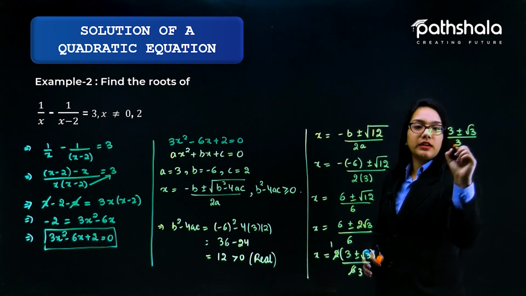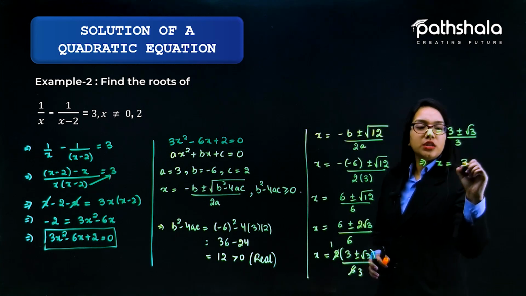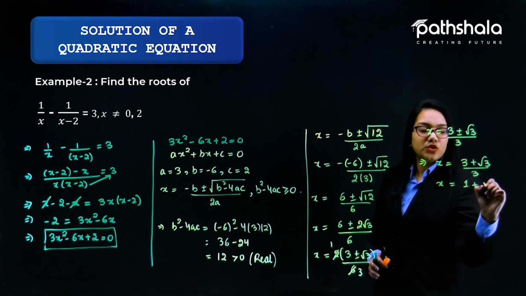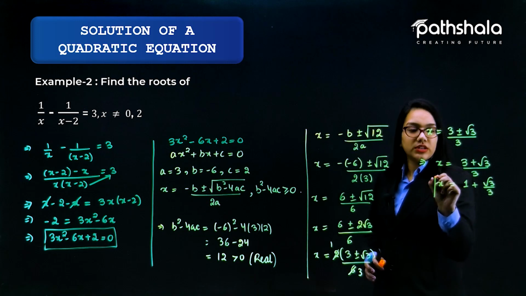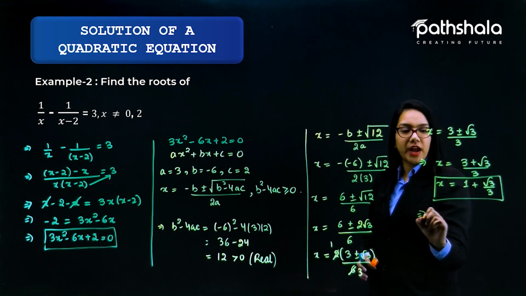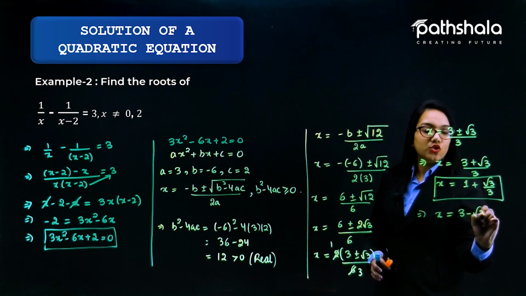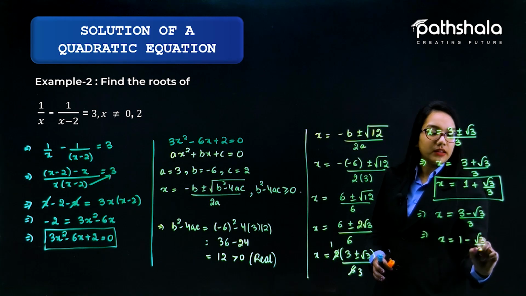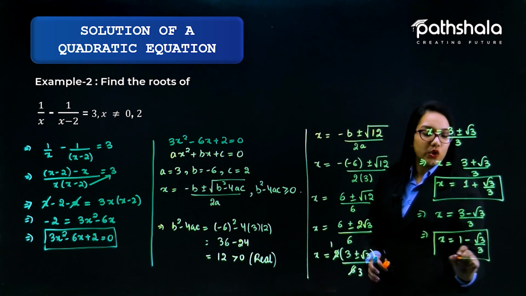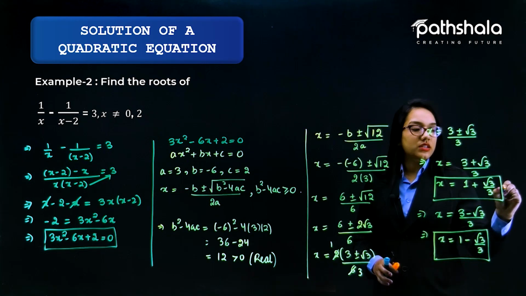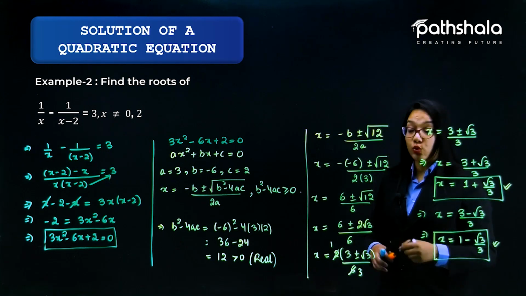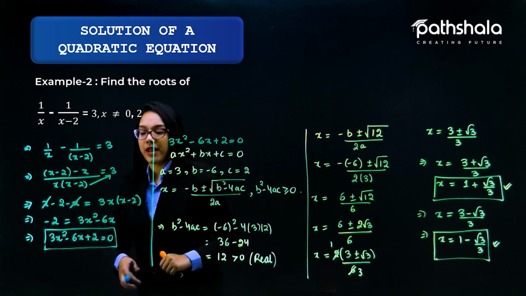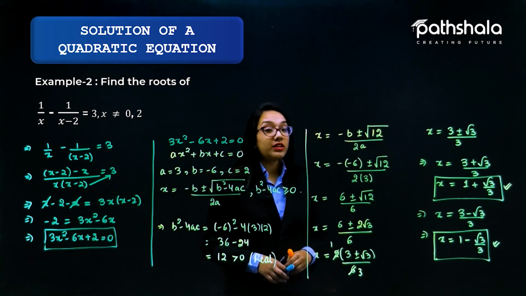So we have two values: x is equal to 3 plus root 3 by 3, which is our first root, and x is equal to 3 minus root 3 by 3, which is the second. This is the solution, the first root and the second real root of the quadratic equation 3x square minus 6x plus 2 is equal to 0 using the quadratic formula.